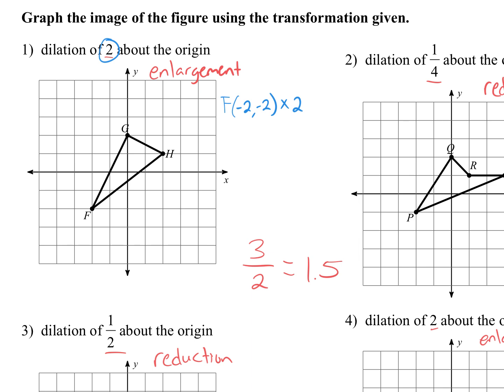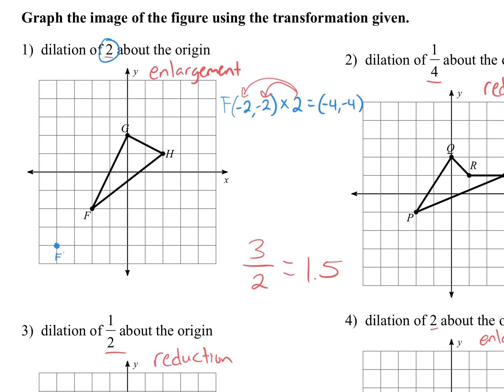Exactly. You get it from the problem. That's the scale factor. Okay. So what are my new coordinates going to be? Yes, exactly. So when you multiply the scale factor, you're going to treat it as the distributive property. So I'm going to take 2 times -2, and I'm going to take 2 times -2. Once you get that, I would go graph it.